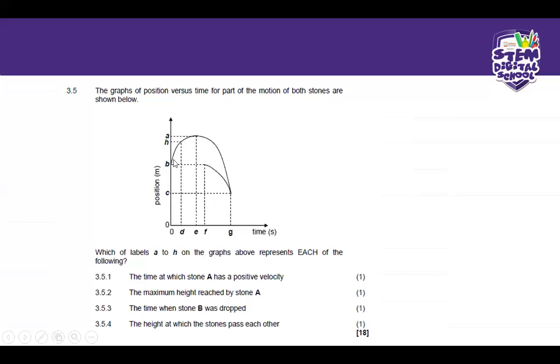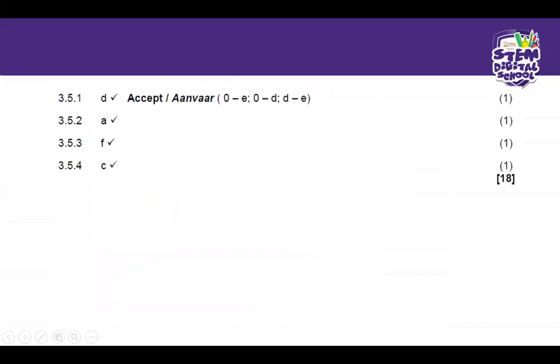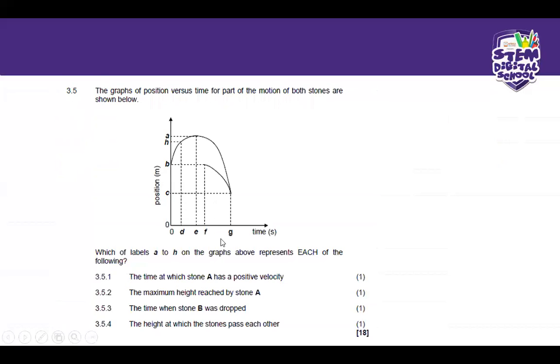It's going to be from A to B, so let's see. It's going to be D, which is right here. So this is where stone A will have positive velocity.